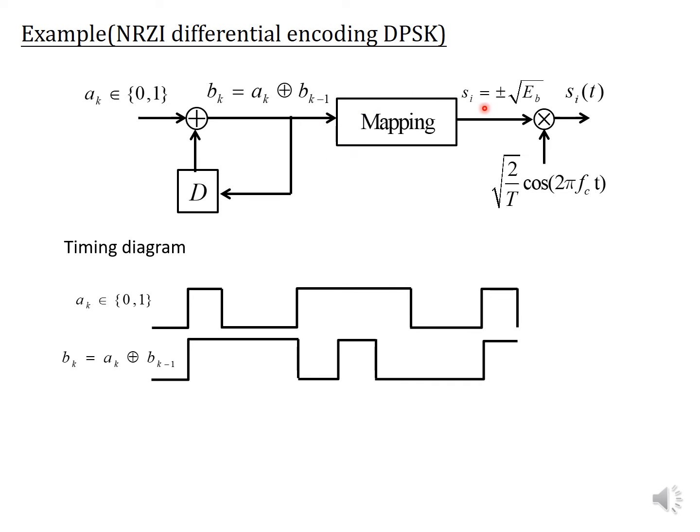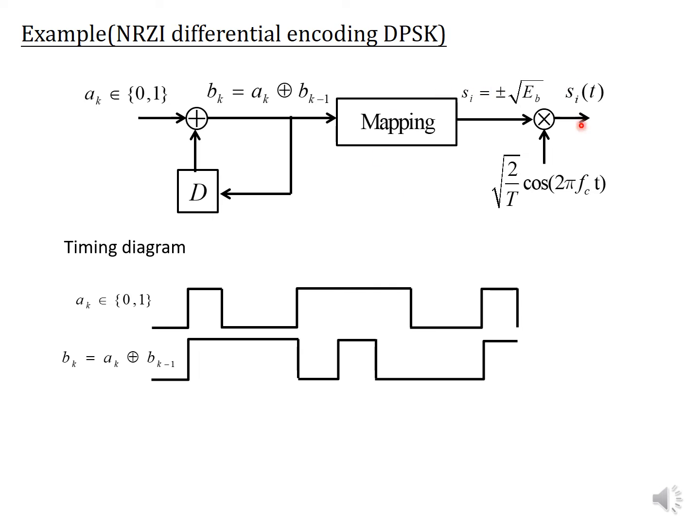Then it is mapped to plus and minus antipodal signaling, and this signal is put on the cosine carrier, and then we have SIT.